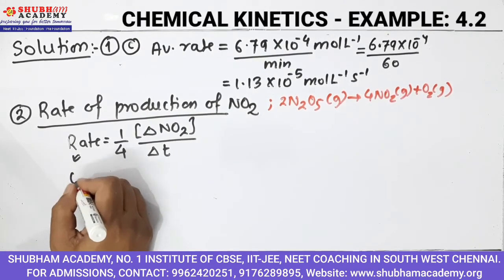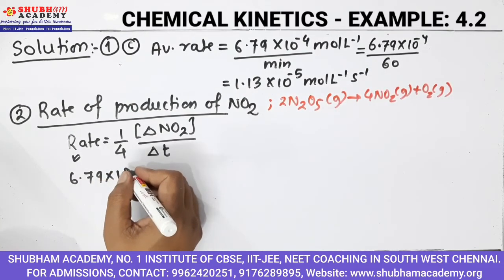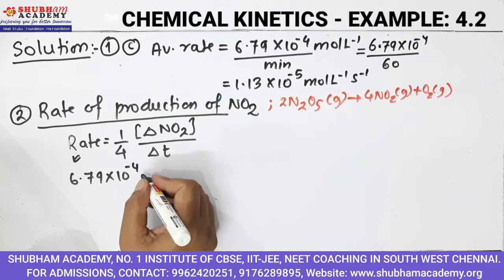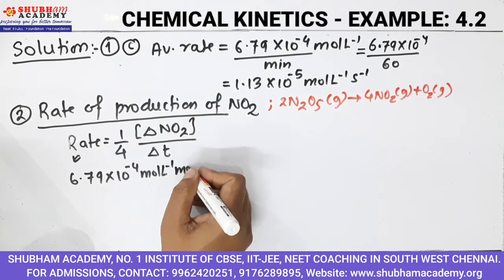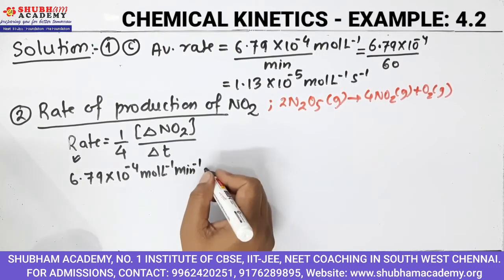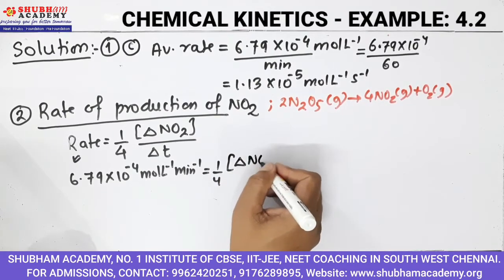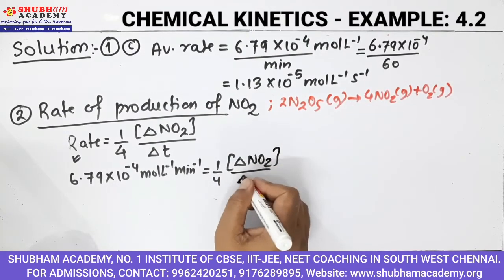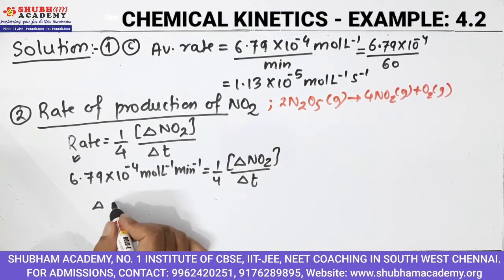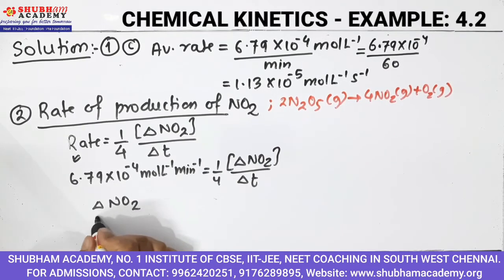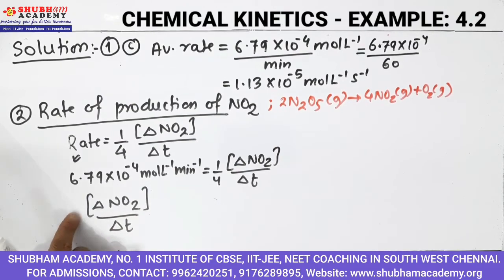So, this already we have calculated, we will take that in minute unit. Okay. So, 6.79 into 10 power minus 4 mole liter inverse minute inverse, and this is equal to 1 by 4 change in concentration of NO2 by del T. So, we will cross multiply this. So, we get del NO2 by del T, and this square bracket denotes concentration, right.